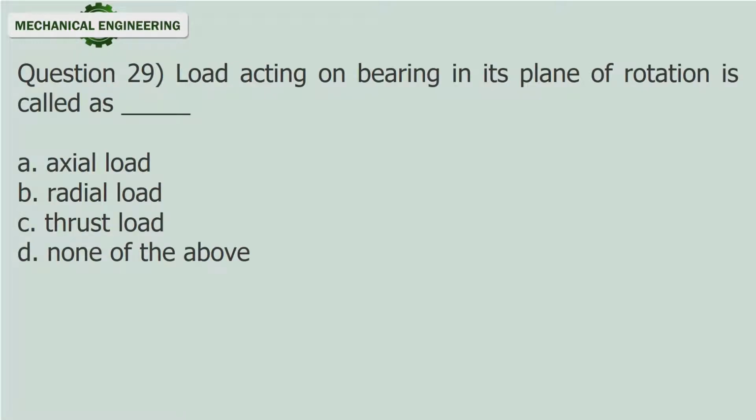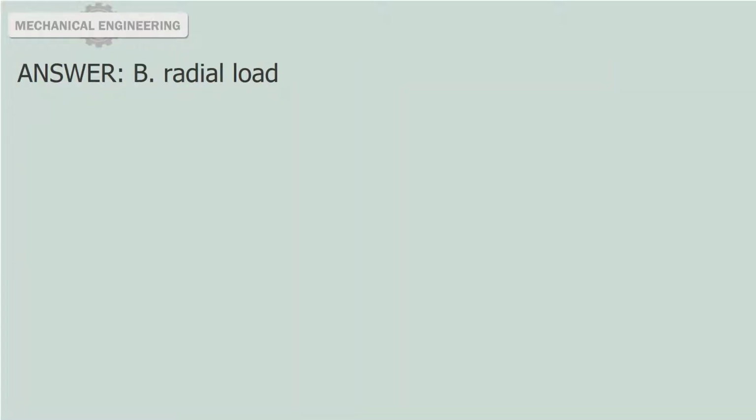Question 29. Load acting on bearing in its plane of rotation is called as, fill in the blank. A. Axial load. B. Radial load. C. Thrust load. D. None of the above. Answer: B. Radial load.